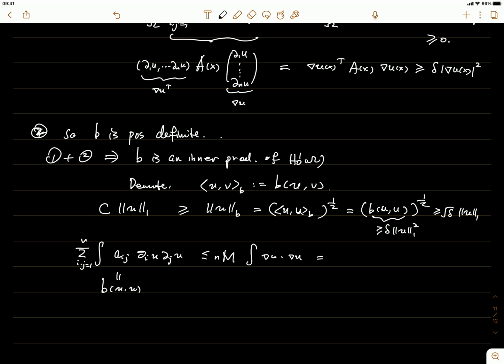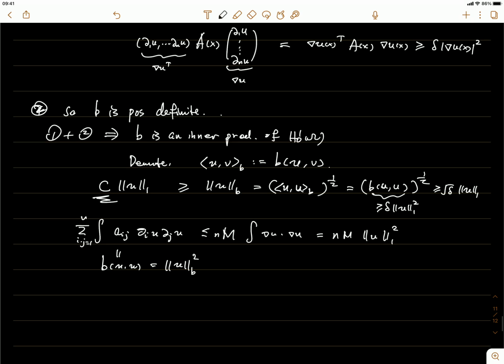And then this is just the 1 norm squared. So the B norm of u squared is less than or equal to some constant times the 1 norm of u squared. That constant is this C.